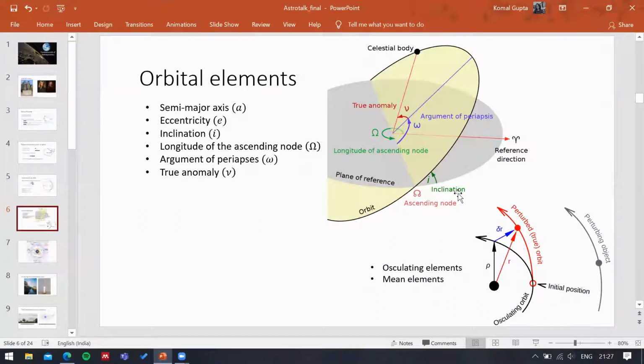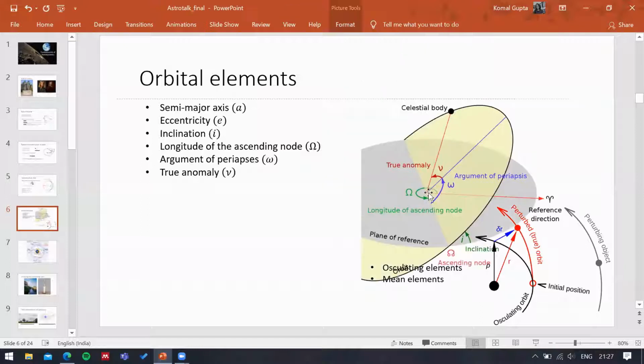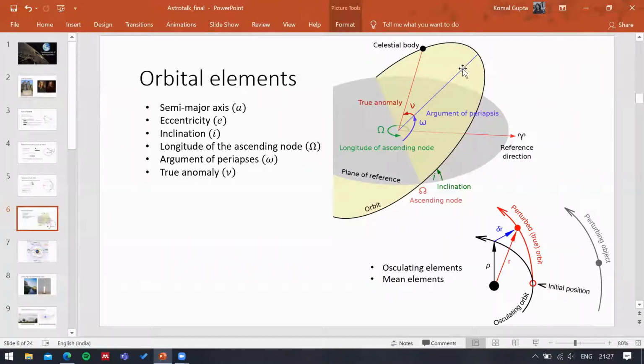And argument of periapsis is the periapsis angle, so the angle from the line of nodes, which is this line, to the periapsis. And true anomaly is simply the angle between the periapsis and the location of the r vector, the radius vector of the object.